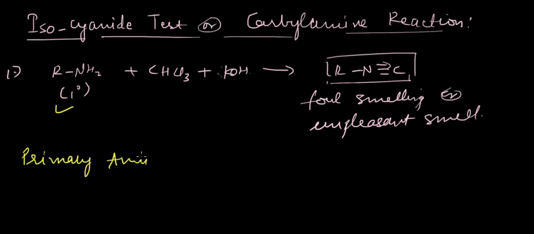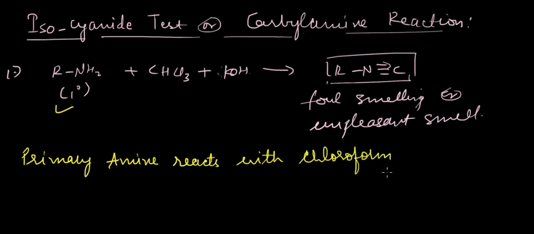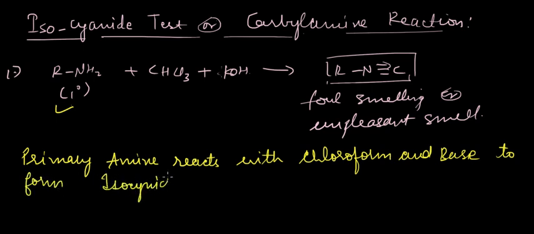Primary amine reacts with chloroform and base to form isocyanide, and this is known as the isocyanide test.